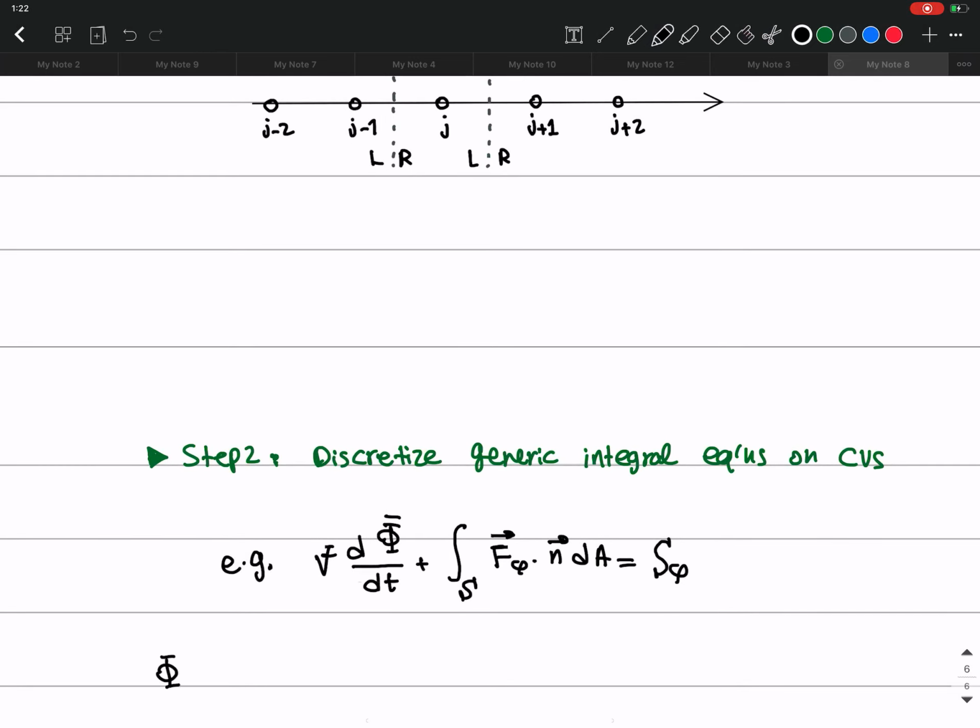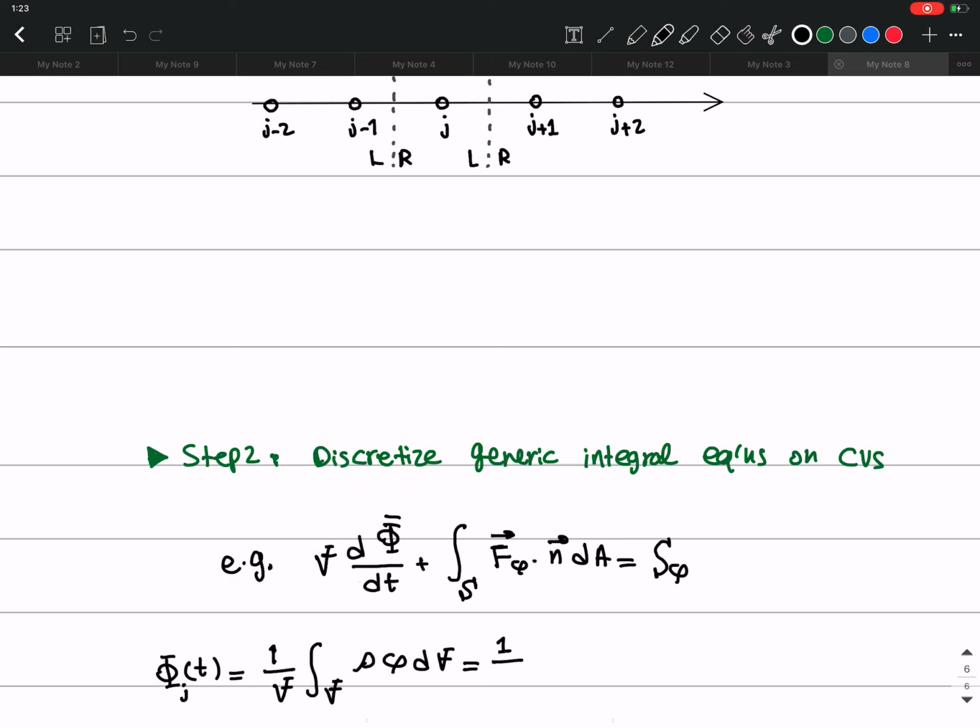Phi j at time t can be evaluated as 1 over volume, the integral over volume of rho phi dV, which is going to be 1 over, what is V here?